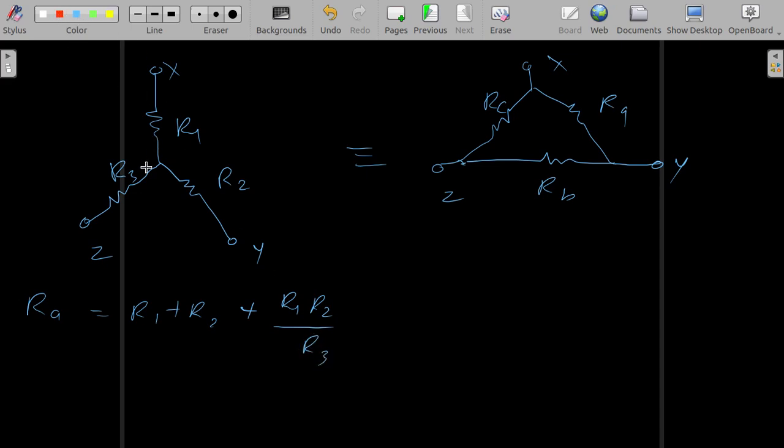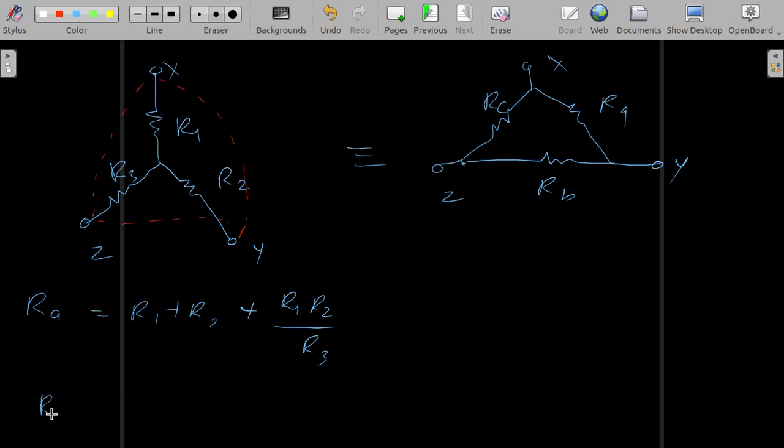To identify this, let's draw something like this. RA will be coming here, so R1 plus R2 plus R1 R2 by R3, right?